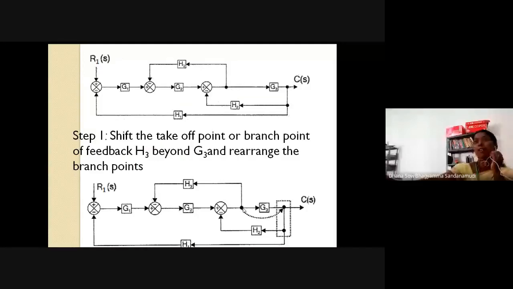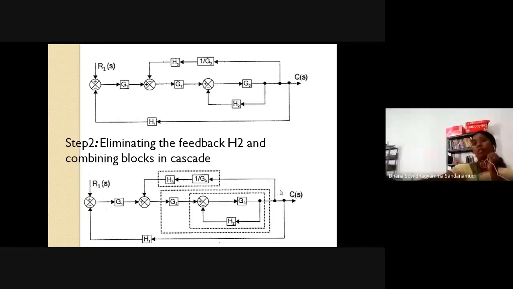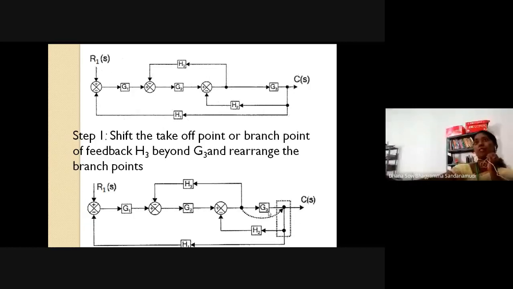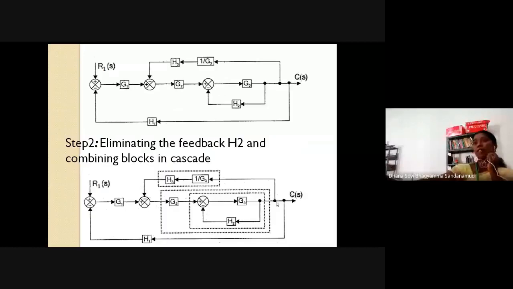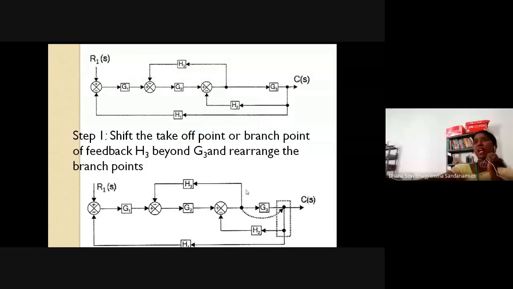So I have moved this branch point ahead of G3, which means a block will be introduced here whose magnitude will be equal to 1 by G3. I have split all the branch points.